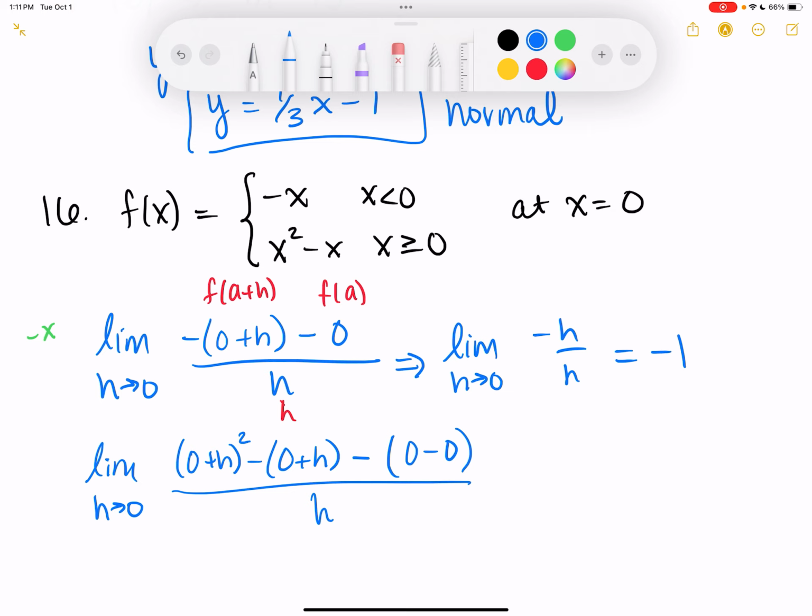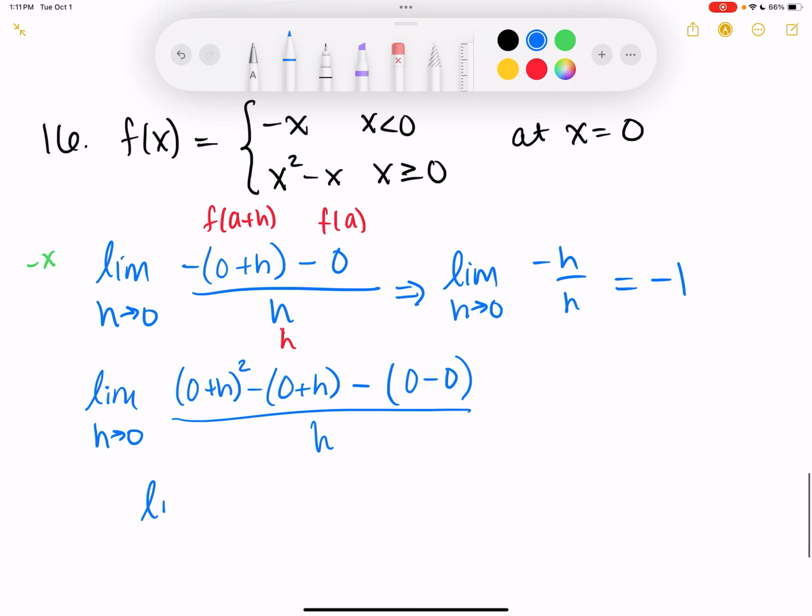So this would be the limit. I'm just going to shorten it. The limit as h approaches 0 of h squared minus h over h. Or I can factor an h out: h times h minus 1 over h.